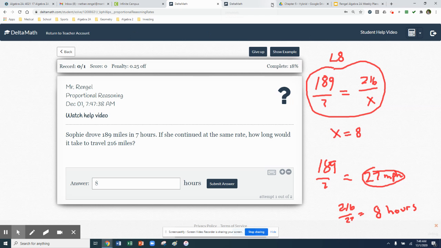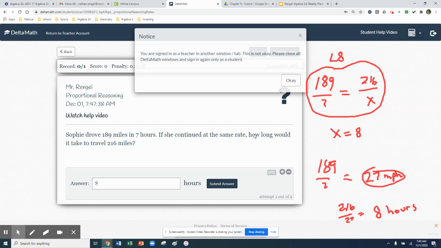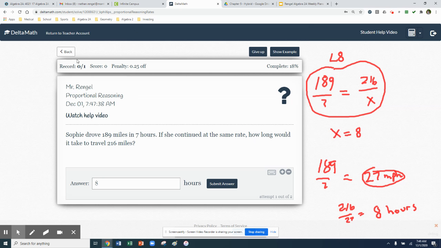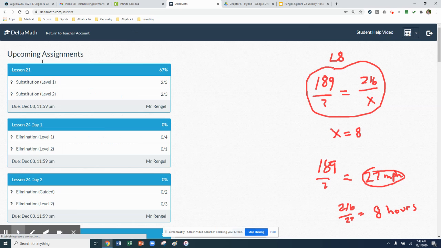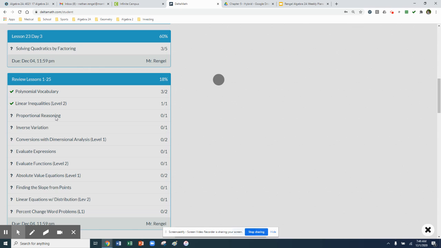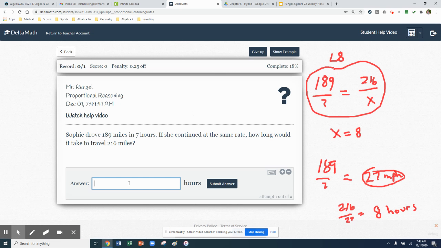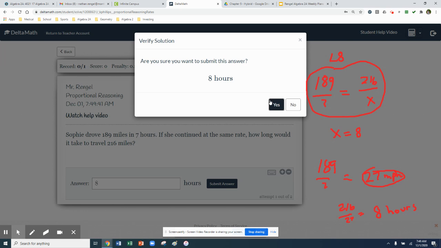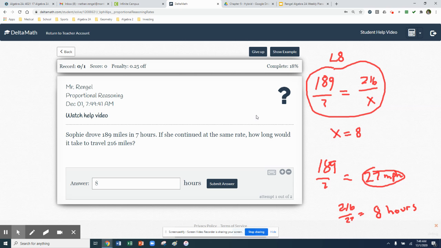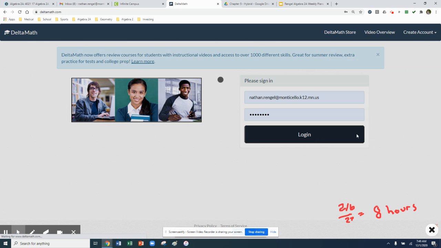All right, so it's not letting me check. That's all right. I'll just close that. Okay, well, I'm going to have to probably try that one again. Okay, it's getting a little mad at me, so let me re-log in here.